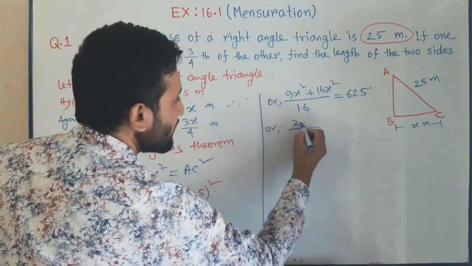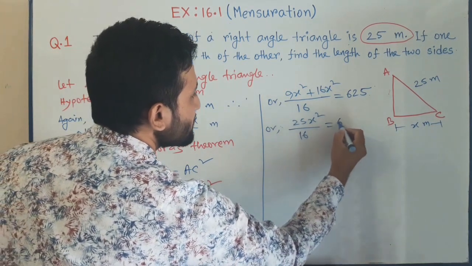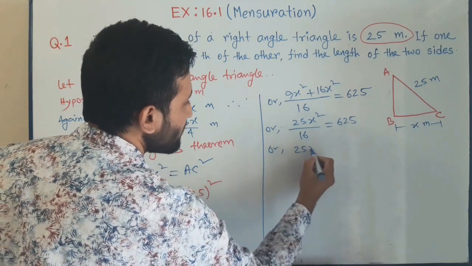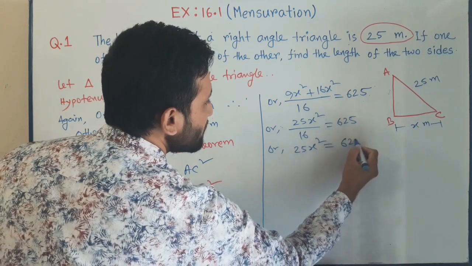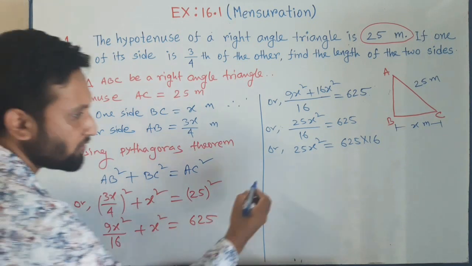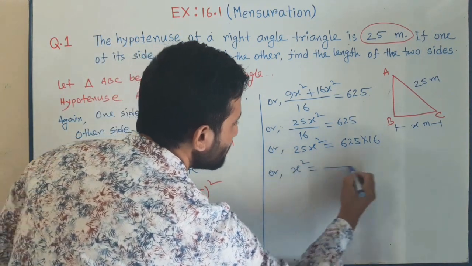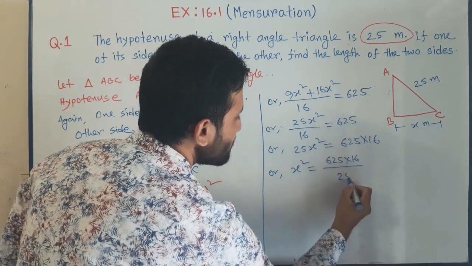So 25x square divided by 16 equal to 625. So we can write 25x square equal to 625 into 16 by using cross multiplication. Now again you can write x square equal to 625 into 16 divided by 25.